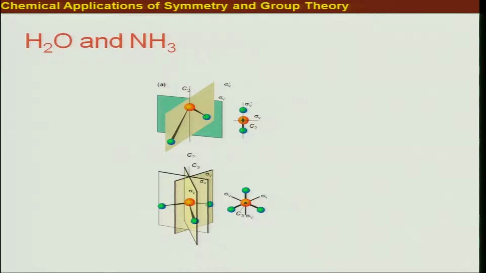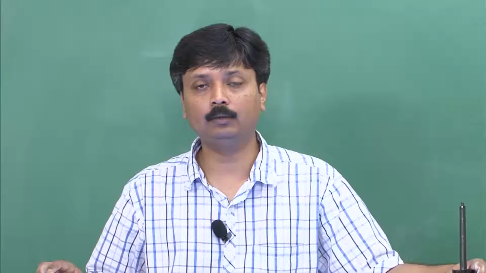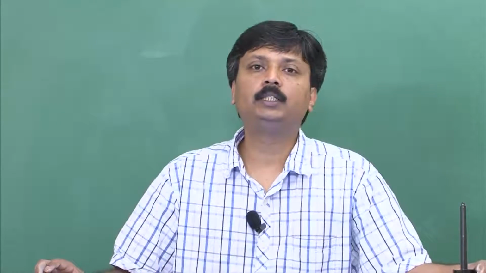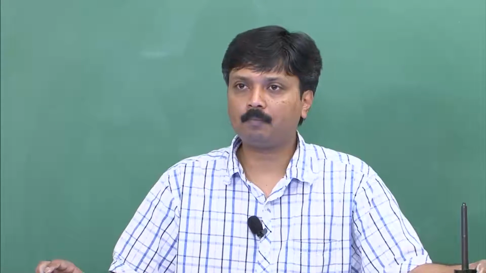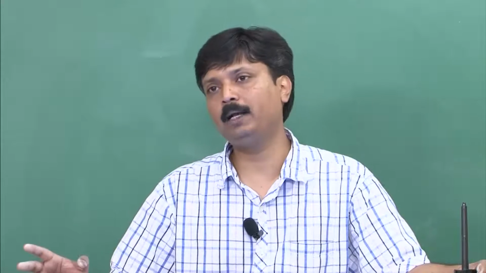Now, having all that in my hand, let's start finding out the point group. What was our rule? If you remember step 1 in the flow chart that we discussed in the previous class, the first question is: is the molecule linear? Here for water, the answer is absolutely no, because it's a bent molecule.